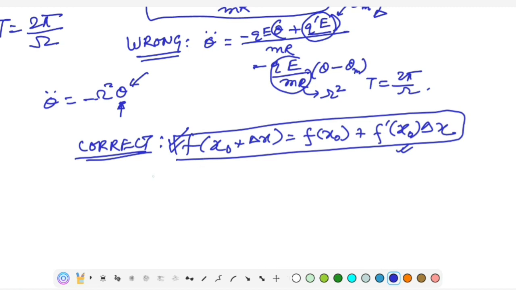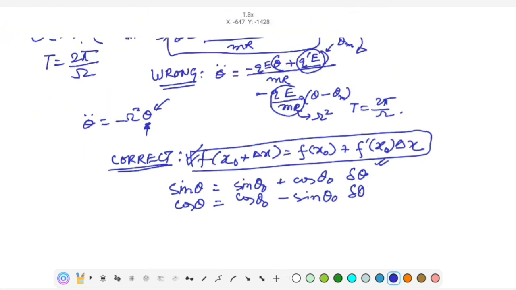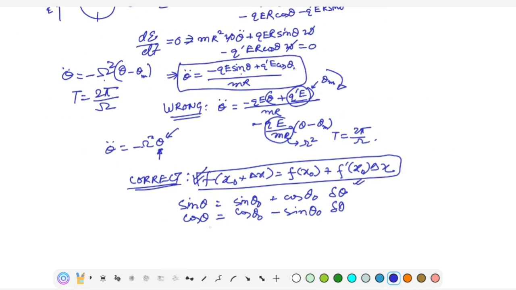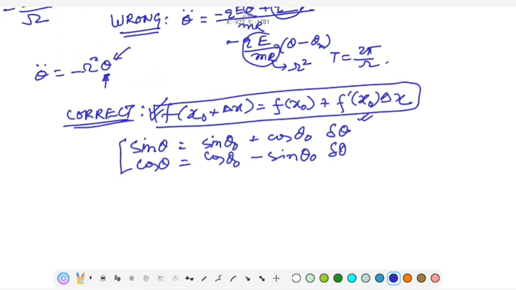So using similar logic, we can write sin theta as sin theta naught plus cos theta naught into delta theta, for a small angle, and we can write cos theta as cos theta naught minus sin theta naught into delta theta. Now the equation that we get here, we have to substitute this. Upon substituting, we will get this expression.